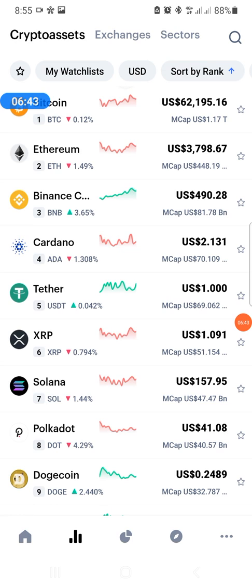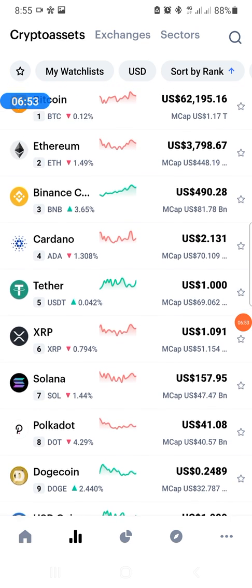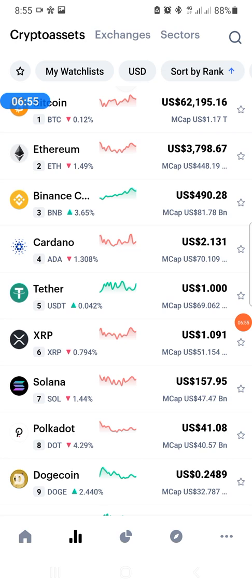And what does a crypto trader do? He analyzes the market and makes sure he buys a certain coin at the lowest possible price to resell at a higher price.